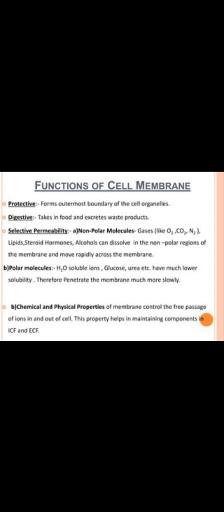So what is diffusion? Diffusion means the movement of molecules from a region of high concentration towards a low concentration. But glucose, which is a larger molecule, water, and the ions need a special type of facilitative protein, and through these facilitative proteins these molecules are passed.